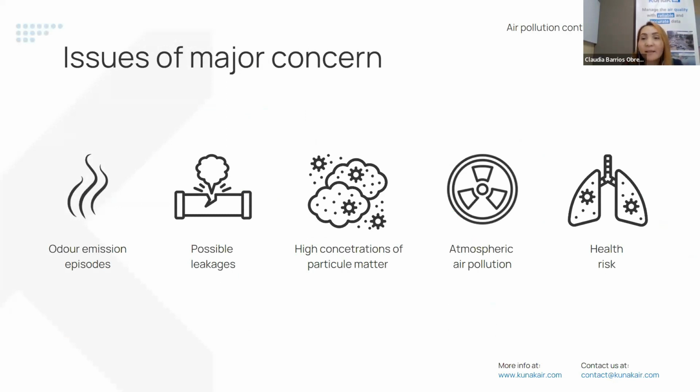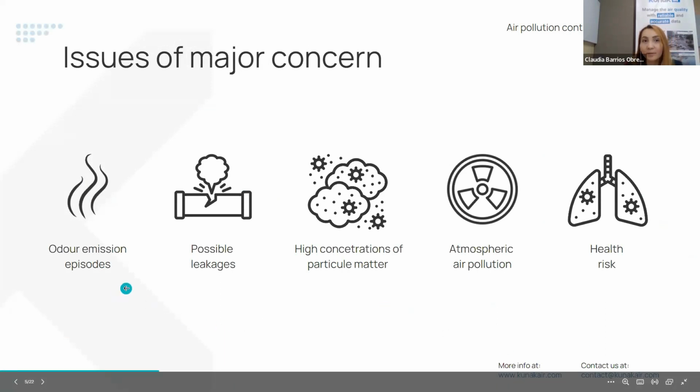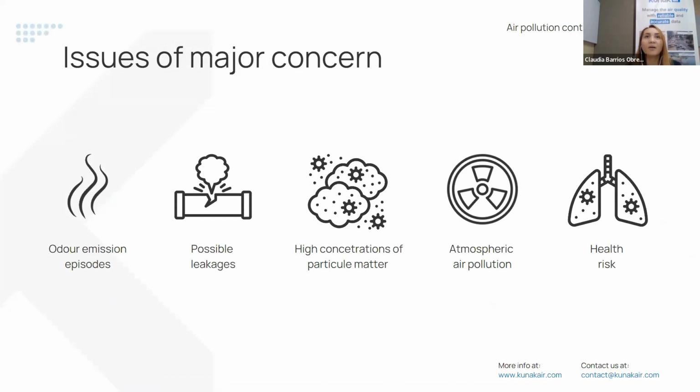Hence, the typical problems that concern the most to the industries are, for example, odor emission episodes that can cause nuisance in the surrounding areas, possible leakages releasing hazardous gases into the air, high concentrations of particulate matter, atmospheric air pollution leading to degradation of natural resources and contributing to climate change, and long-term exposure to these pollutants can cause, of course, respiratory and cardiovascular disease, being a health risk to the population.